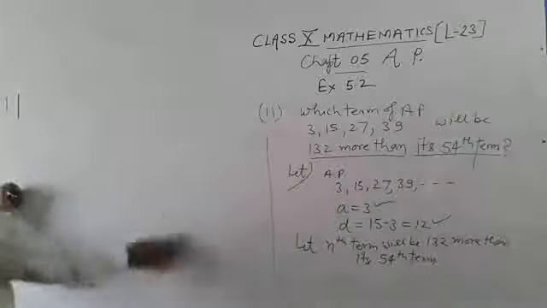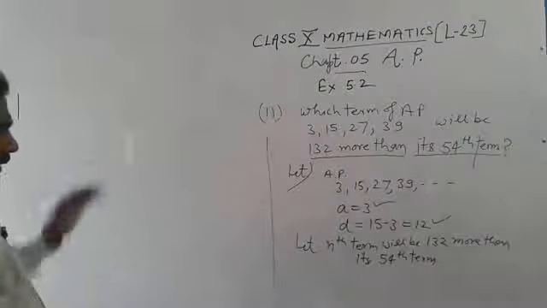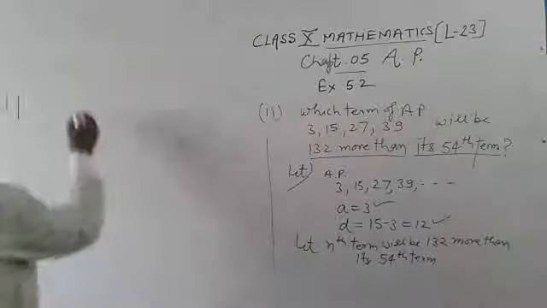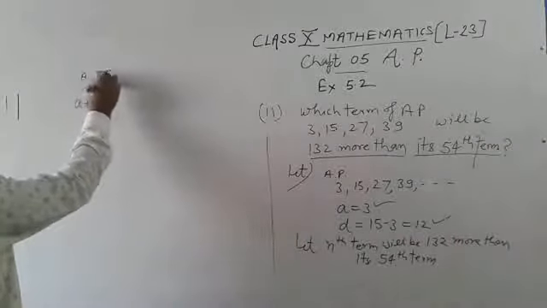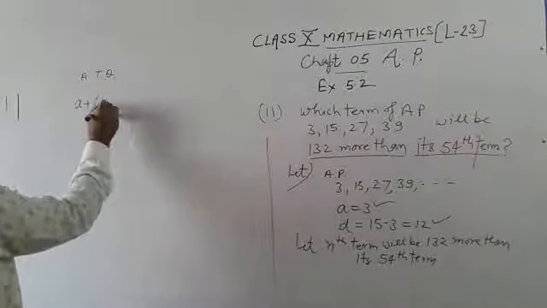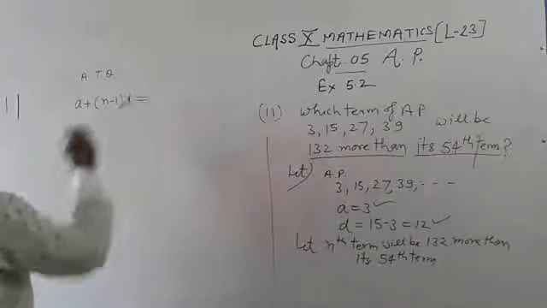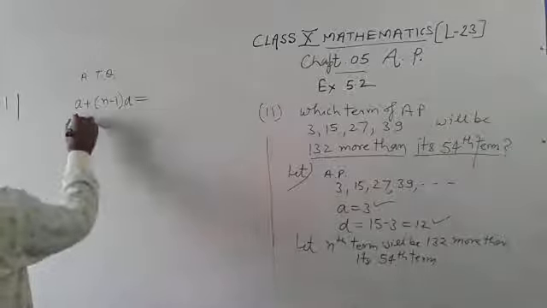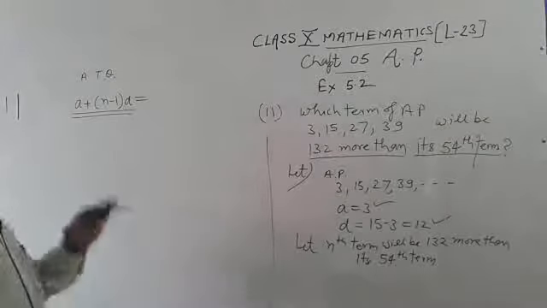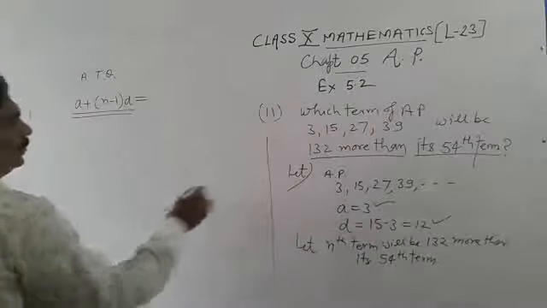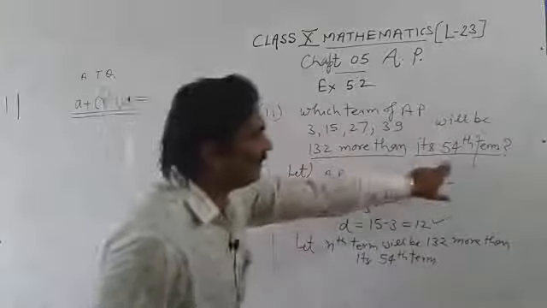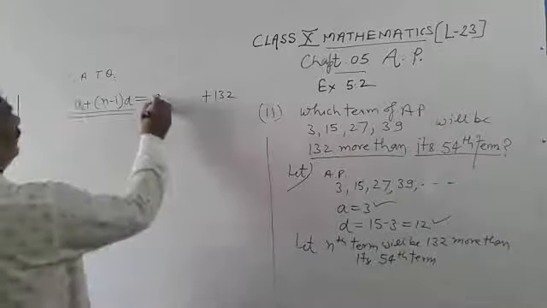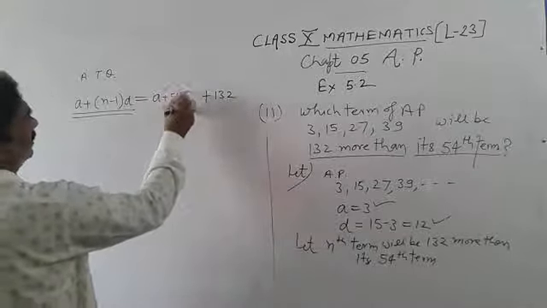Now the nth term is a plus n minus 1 into d. According to the question, the nth term is 132 more than its 54th term, that is a plus 53d.